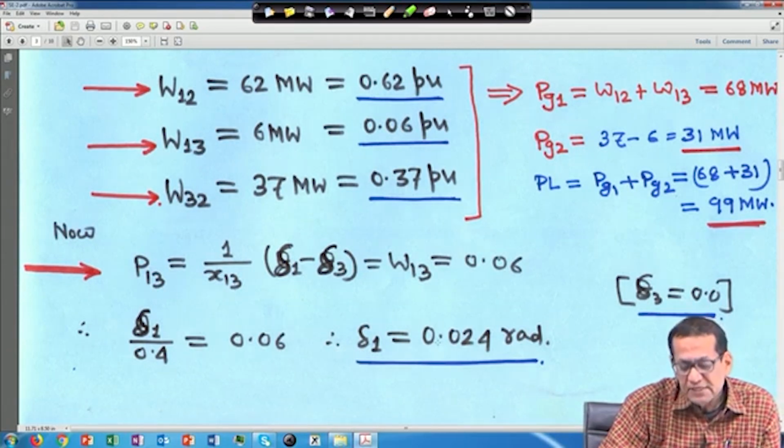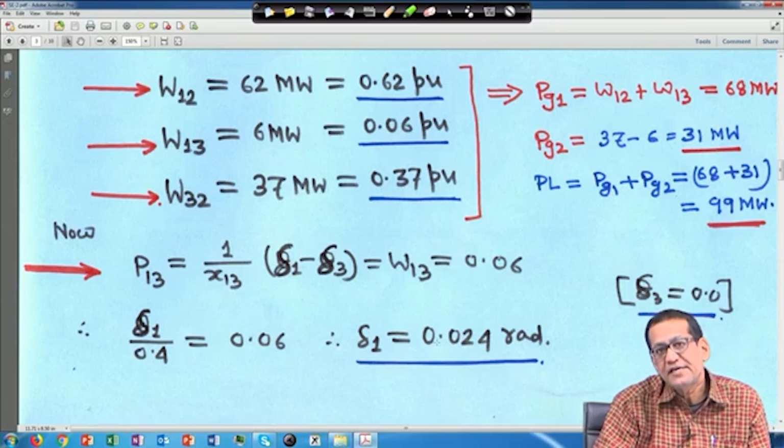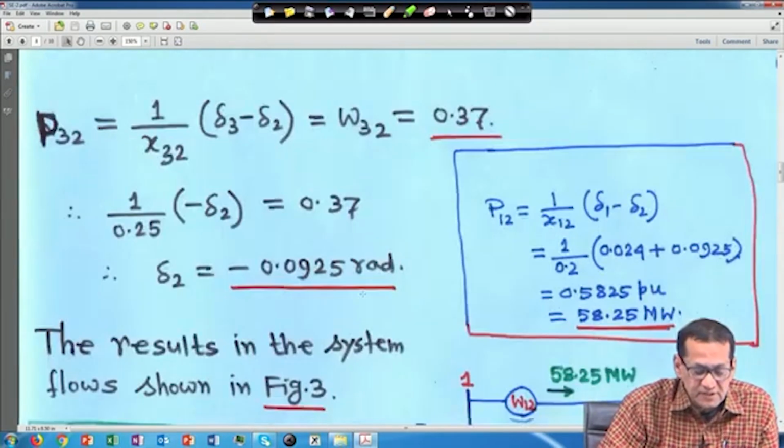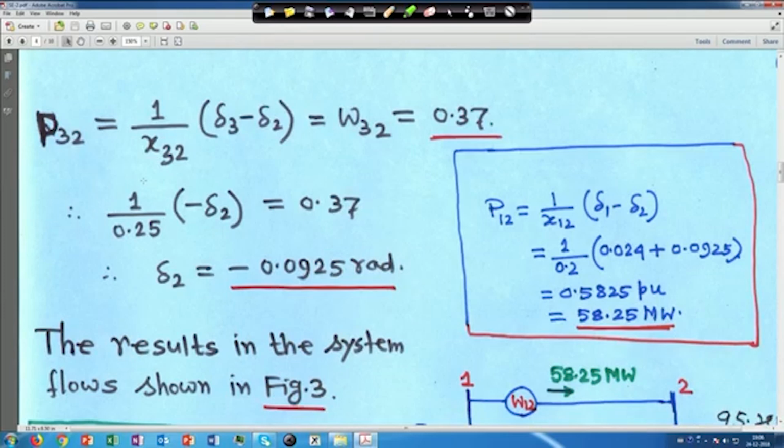Therefore, delta 1 will be 0.024 radian, right. Similarly, P32 will be 1 upon x32 times (delta 3 minus delta 2). Delta 3 is 0, therefore 1 upon 0.25 times minus delta 2 is equal to 0.37. Therefore, delta 2 is minus 0.0925 radian.